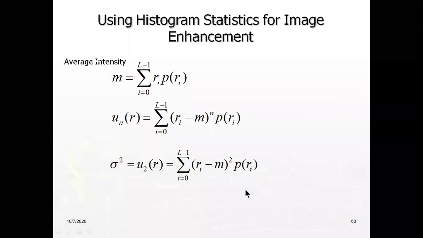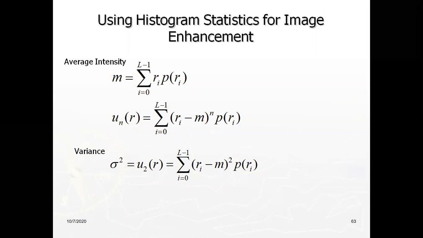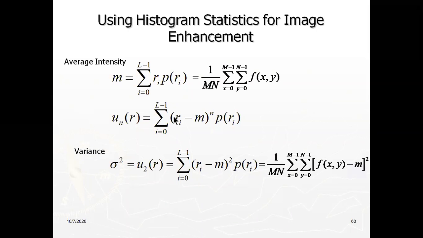And you have a formula here: 1 by mn, double sigma, x equal to 0 to m minus 1, y equal to 0 to n minus 1, of the value of the pixel itself. In this case, you have 1 by mn of double sigma of f of x comma y minus the value m, where m is calculated here.